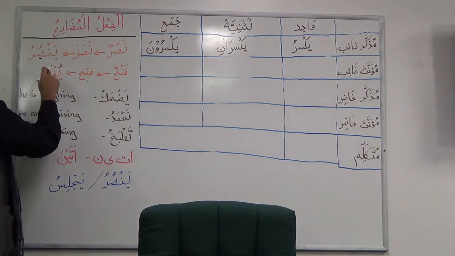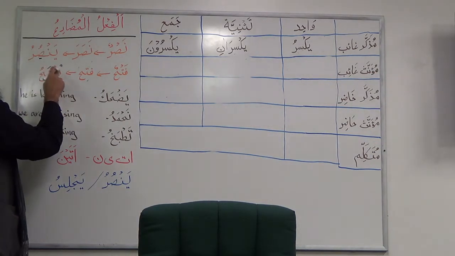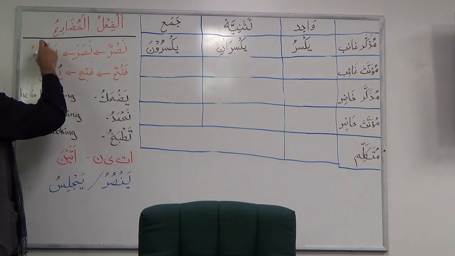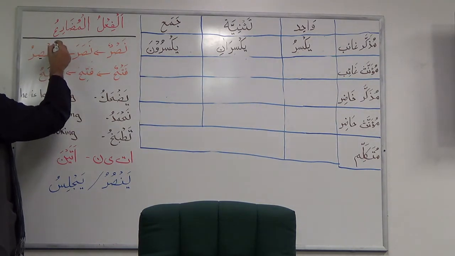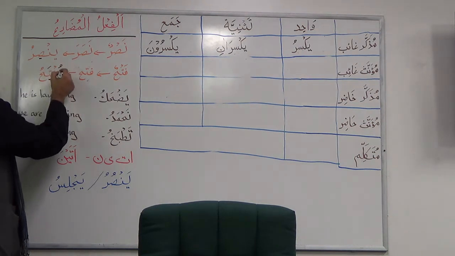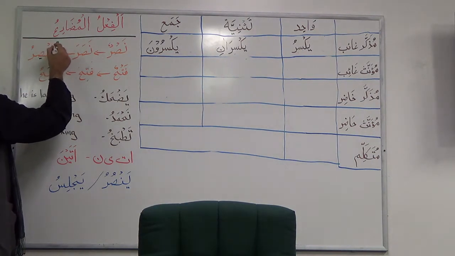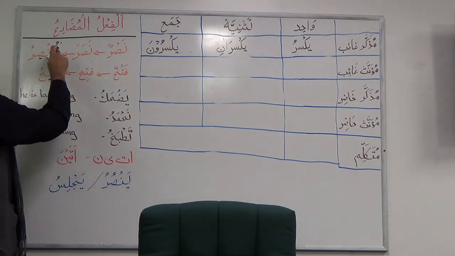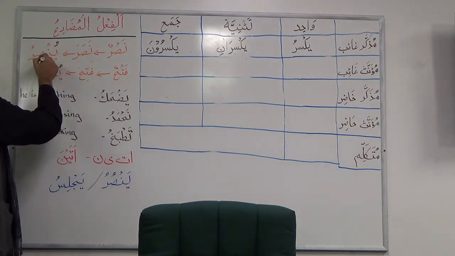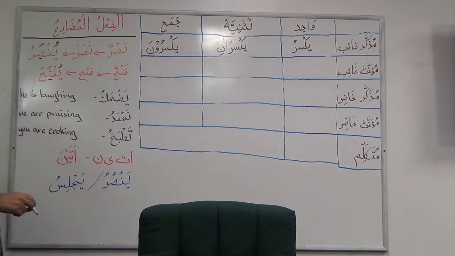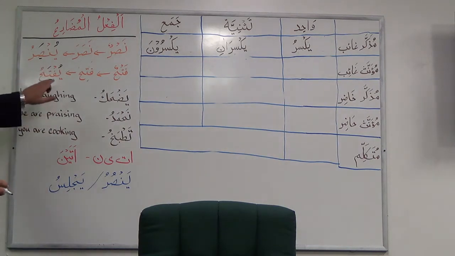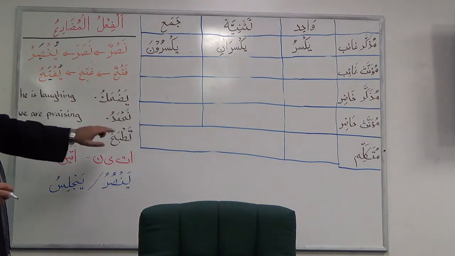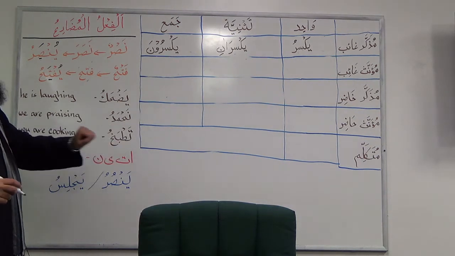So for example, in this one it was already a fatha, so yuftahu. But in this one it's yansuru, so you change the alamatul mudari' to a dhamma. You know, one of these letters, atayna, whatever comes in the beginning, you change that to a dhamma, and the ain kalima you will put a fatha. So yunsaru, yuftahu, yudhaku, nuhmadu, tutbakhu.